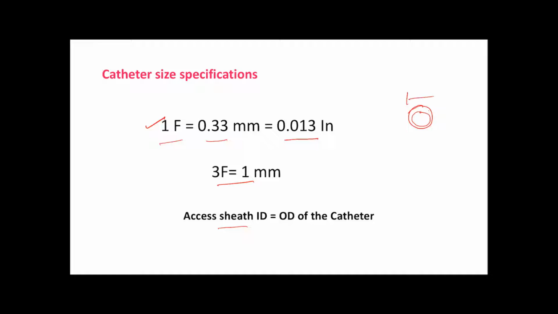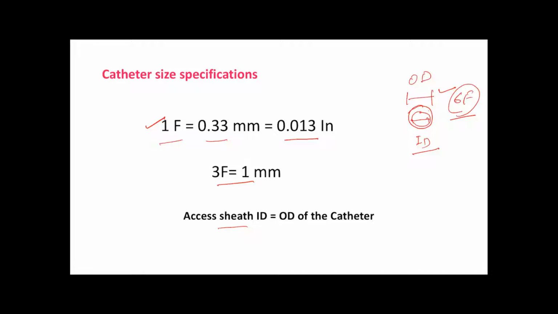this is our outer diameter and this is our inner diameter. The diagnostic or guiding catheters are made so that a 6 French guide means that the outer diameter is 6 French. This is for a diagnostic or guide catheter.